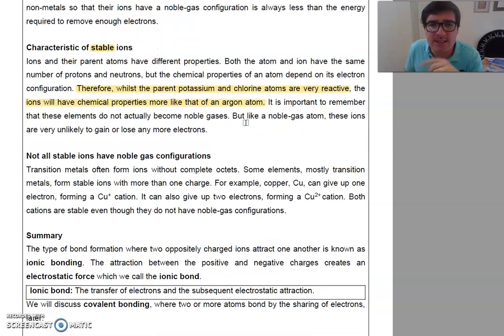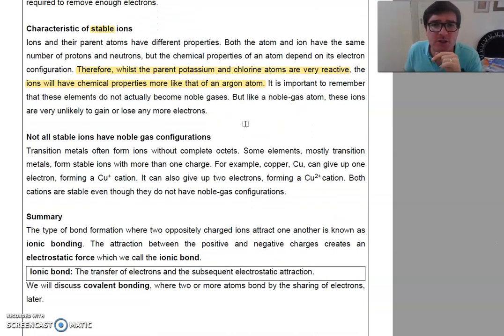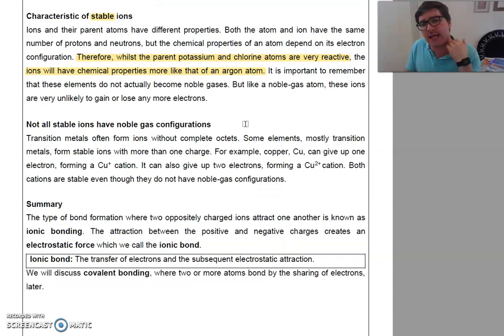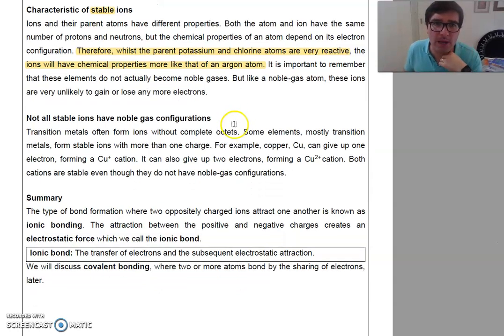Okay, now this is just a side note that you should take note of, because we're going to get to it later when we name different compounds, that we get certain atoms that don't have only one configuration of electrons when they form ions, and they also don't get noble gas configuration. And these are mostly our transition metals, which are in the middle of our periodic table, groups 3 to 12.